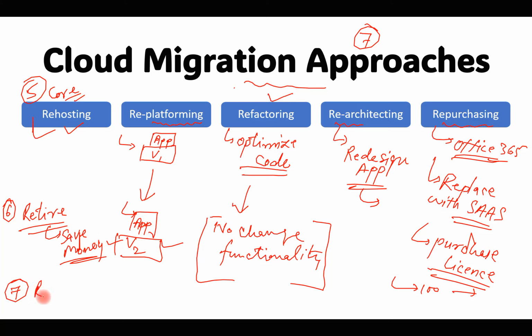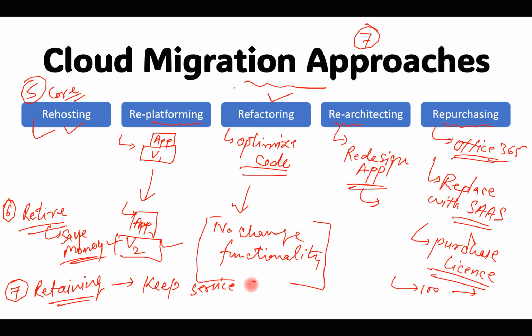That is what organizations want, right? The next approach we have is retaining. We want to take full advantage of the cloud, but sometimes we are running some legacy application which is tightly coupled with a third party application which normally doesn't support the cloud environment. In that case, we need to keep that service on prem only.